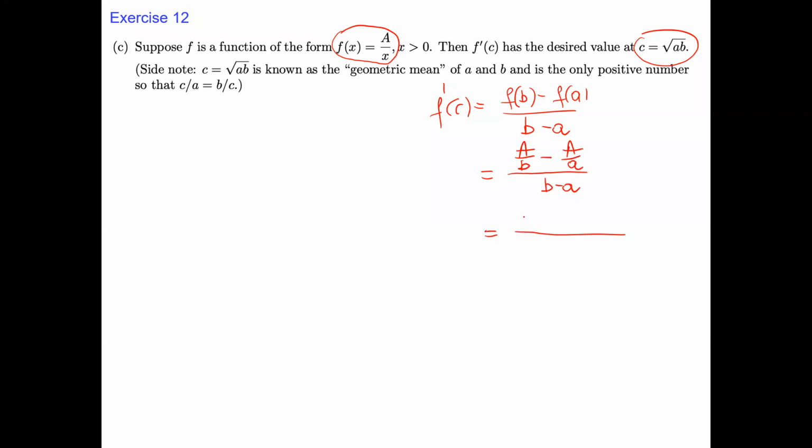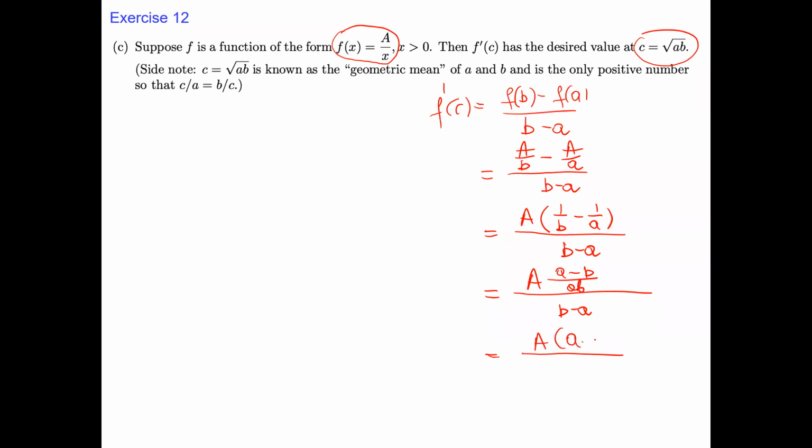Then we can factor out a: it will be 1 over b minus 1 over a, over b minus a. When we get a common denominator, we will have a minus b over a times b, over b minus a.